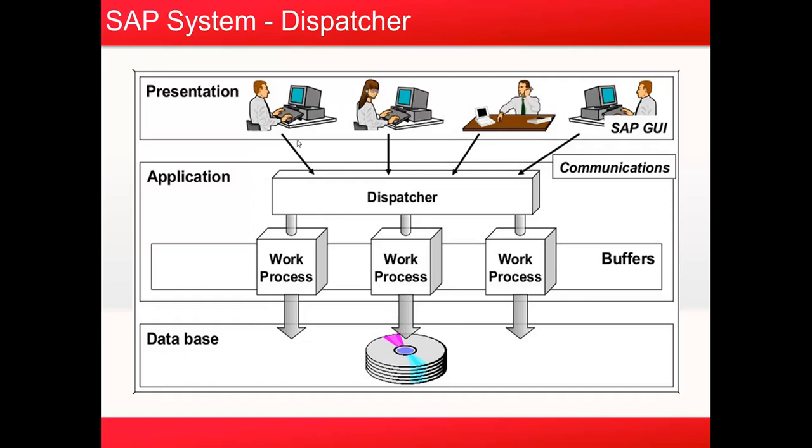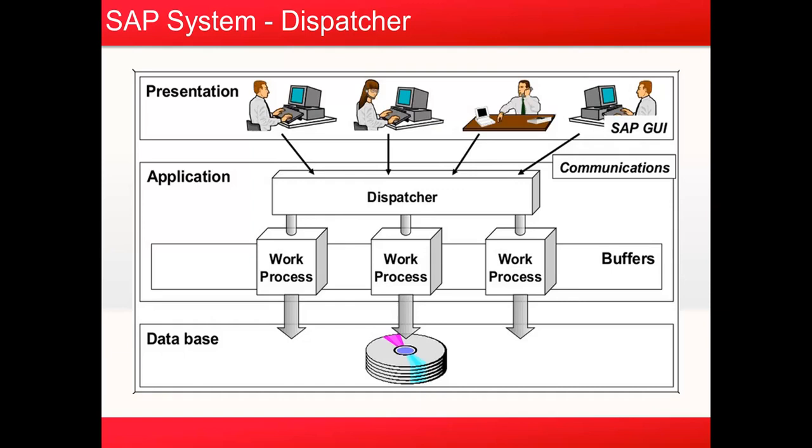Here you can see that whatever requests there are, they come from the presentation layer, that is from the presentation server, to the dispatcher first. The dispatcher writes them to the dispatcher queue, and pulls the requests from the queue on a first in first out basis.